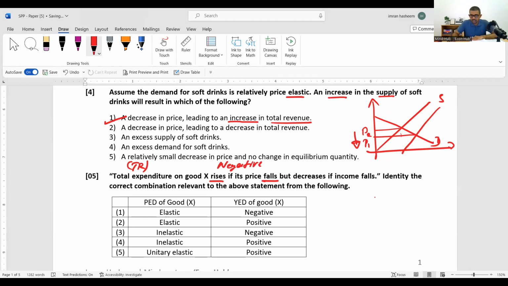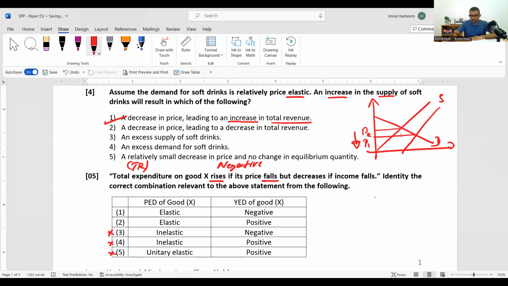In terms of PED, elasticity means a negative relationship between price and total revenue or total expenditure. We know this. So definitely we can conclude based on this information that it should be elastic. There are only two answers that say elastic, so all the other answers for PED can be eliminated.